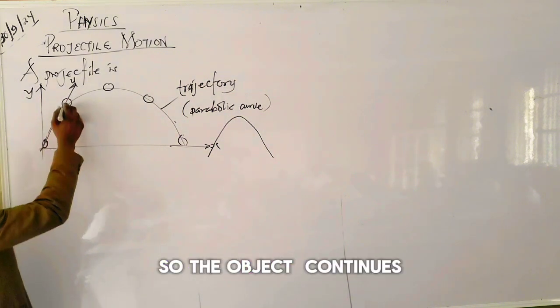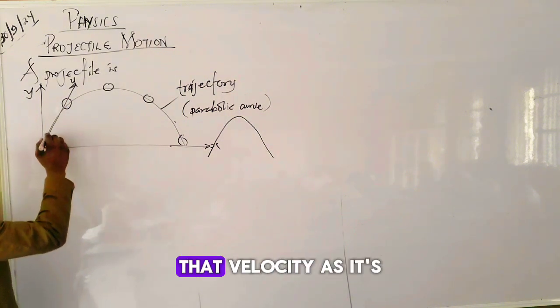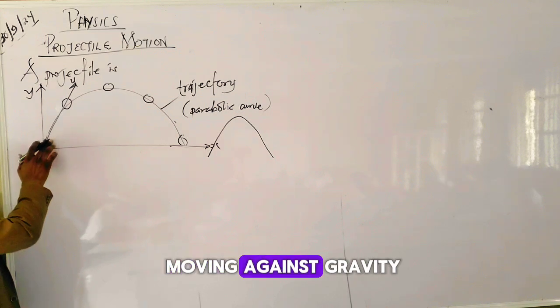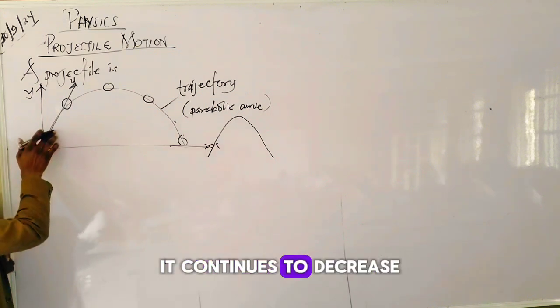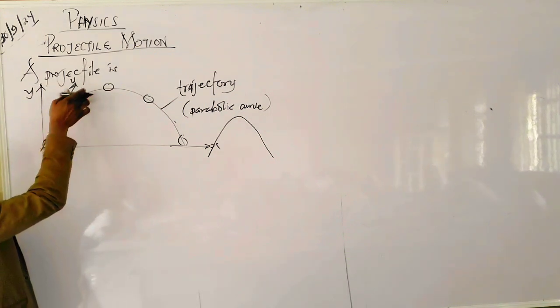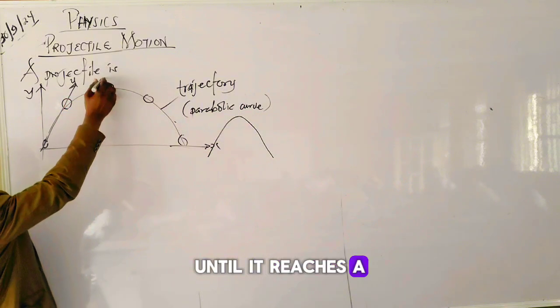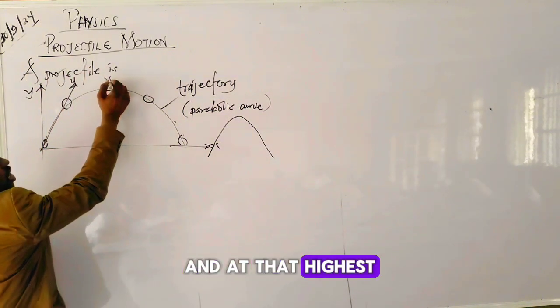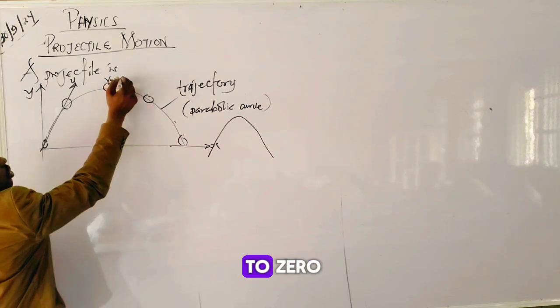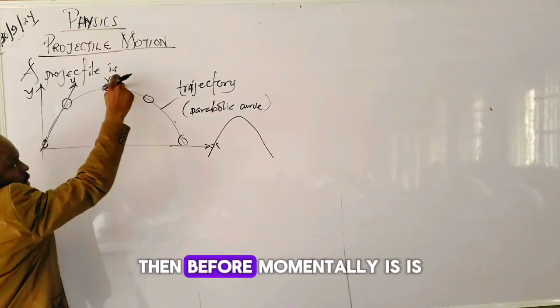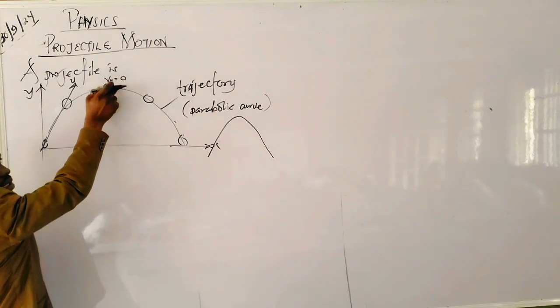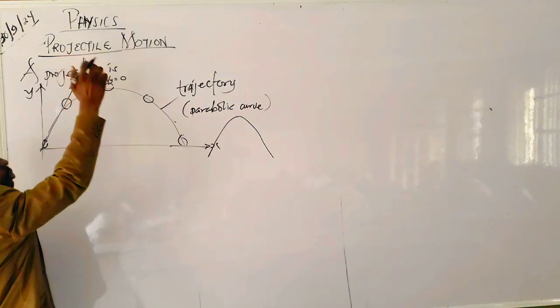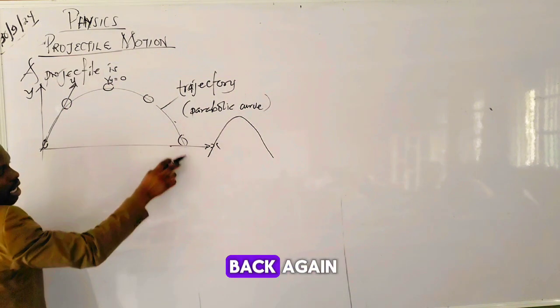The object continues to move, and as it moves against gravity, the velocity continues to decrease until it reaches the highest point, and at that highest point Vy equals 0. It is momentarily at rest at that highest point before it starts moving back again.